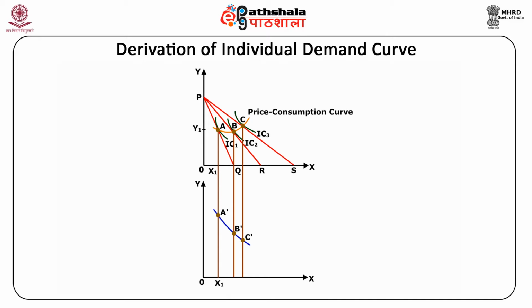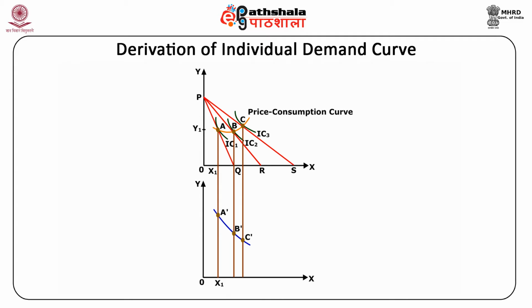Consider the equilibrium point A on the budget line PQ, where the quantity demanded of X is OX1. The price of X for the budget line PQ is given by the slope of the budget line. The point A' in the lower panel directly relates the quantity demanded of X at A to the price level of X corresponding to the budget line PQ.